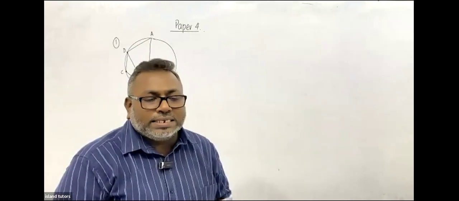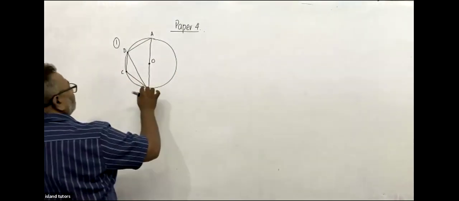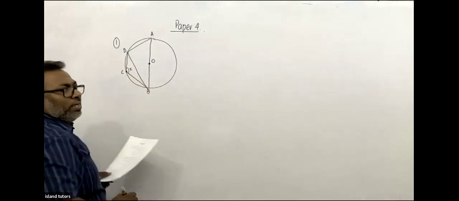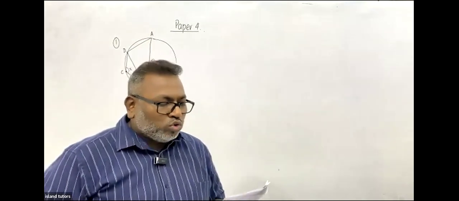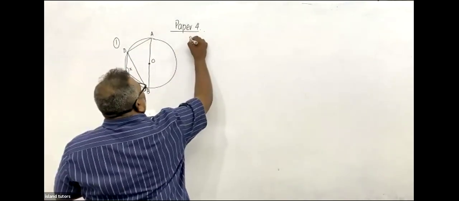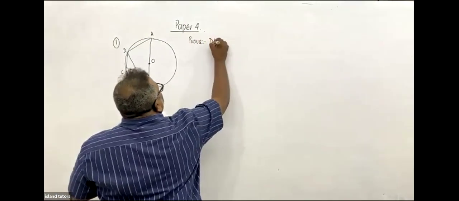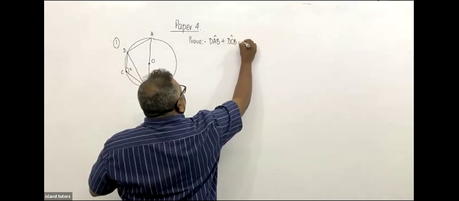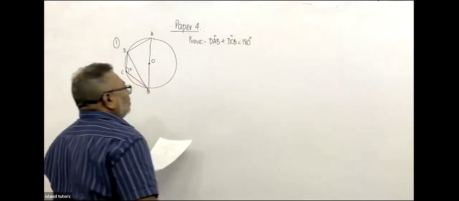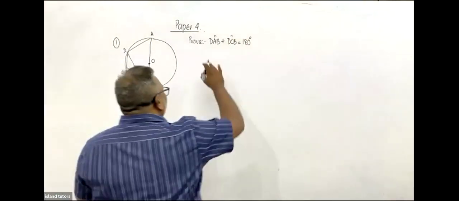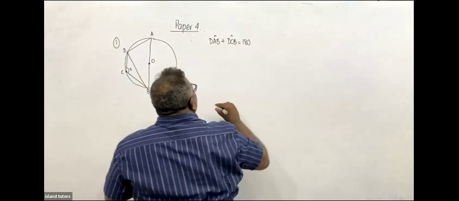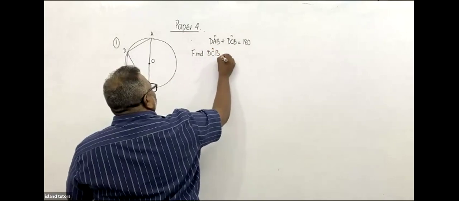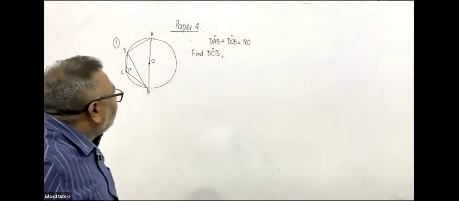And they are saying BCD angle is X. Where is BCD angle? This is X. And they are asking you to prove DAB angle plus DCB angle is equal to 180. Also, they've already given that to you, is equal to 180. Find DCB angle. This is what you have to do.